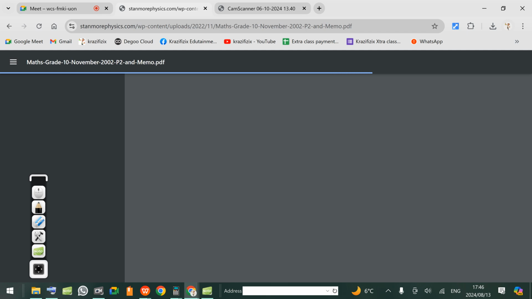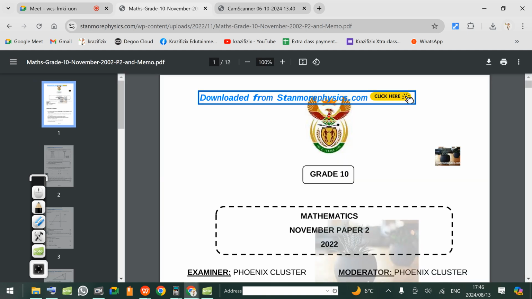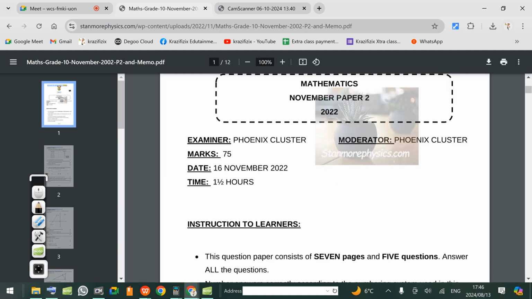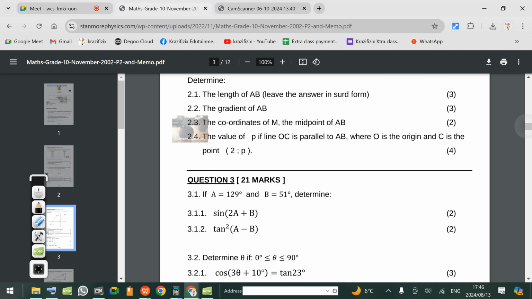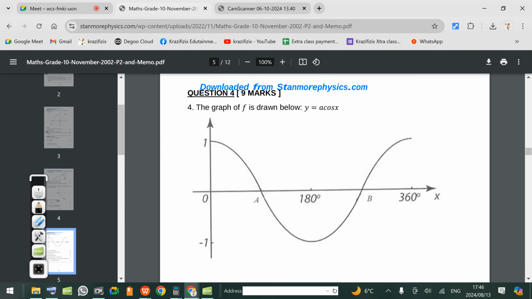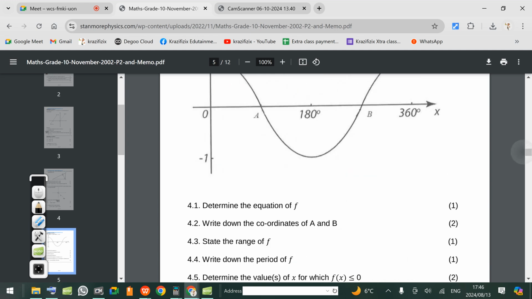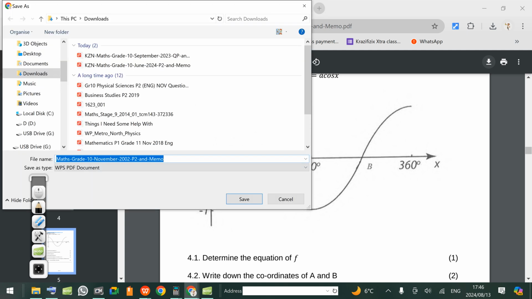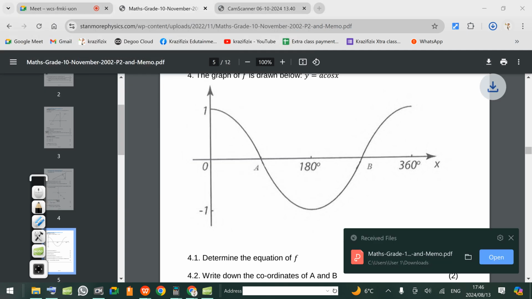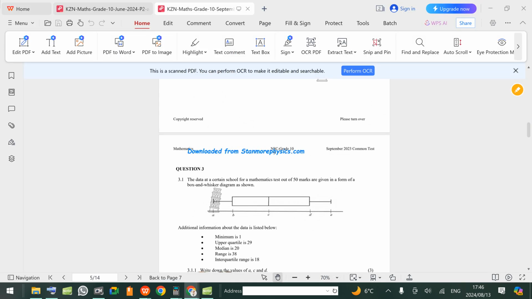You can actually take the rest of this paper, November 2022, and work with all the trigs, because I see it's a full paper, so you have everything that we've done. I'm just quickly going to do the trig part, but I'll send you this paper and you can work with it.